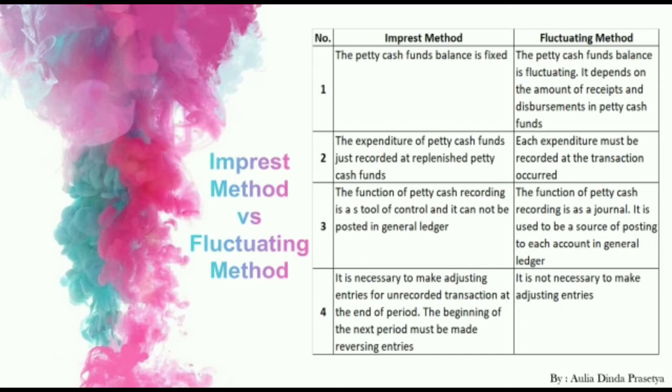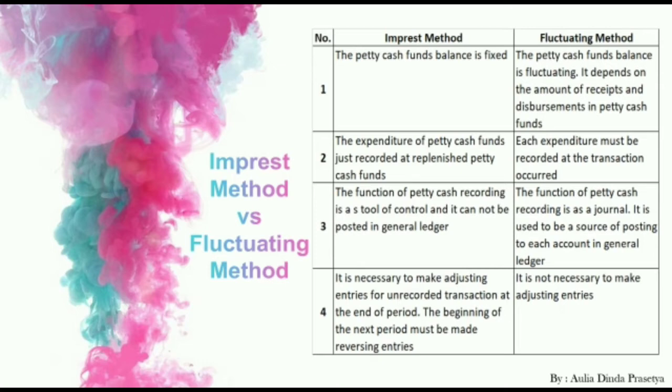And the last one is, for impress method, it is necessary to make adjusting entries for unrecorded transactions at the end of the period, and at the beginning of the next period reversing entries must be made. While for fluctuating method, it is not necessary to make adjusting entries.